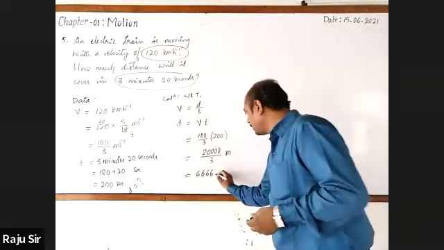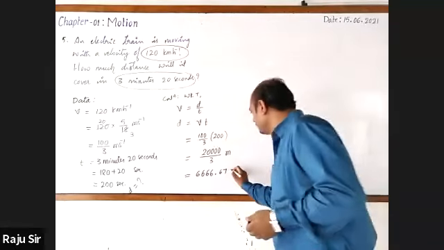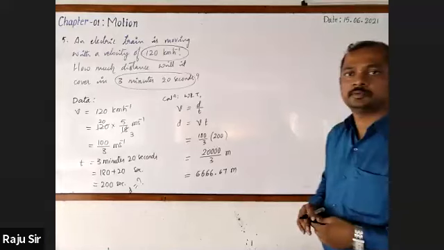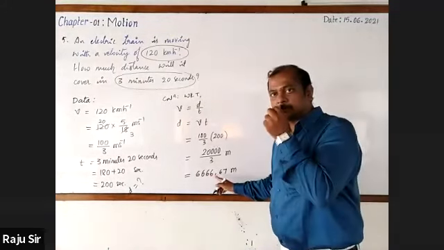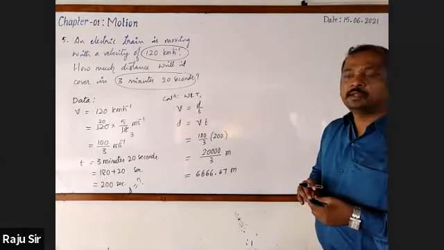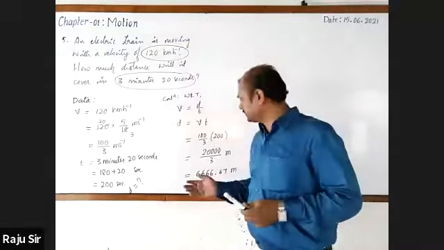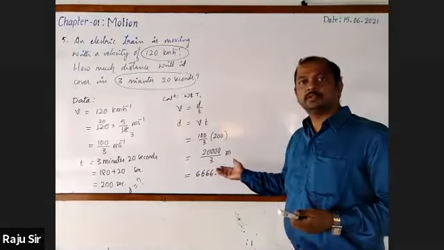It is 6666.6 recurring, approximately it can be written as 6666.67 meter. This is the distance covered by the electric train. They may even ask you to express that in kilometer. To express it in kilometer, you just divide this by 1000. It will be 6.66 kilometer.